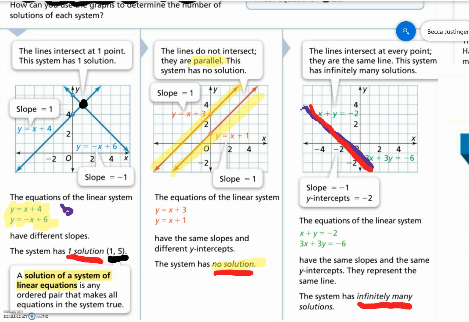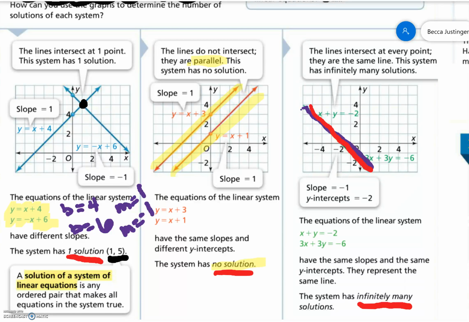So the y-intercept, the b value is 4, b value is 6. So they have a different y-intercept, and they also have a different slope. Here the slope was 1, here the slope was -1. That means there is one solution.